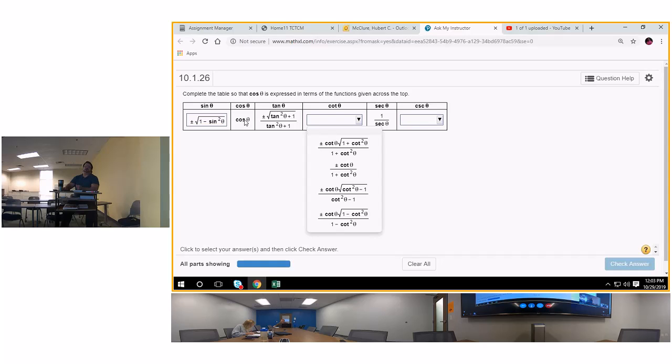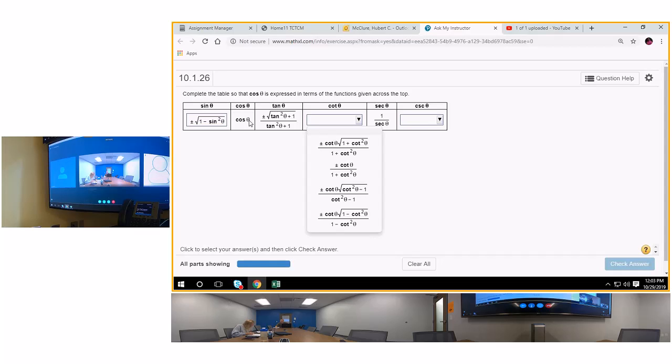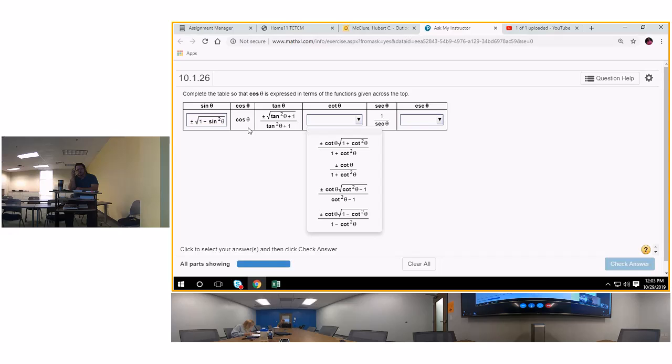That's cotangent. Cotangent is cosine over sine.